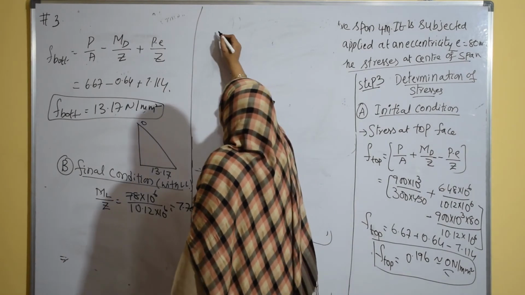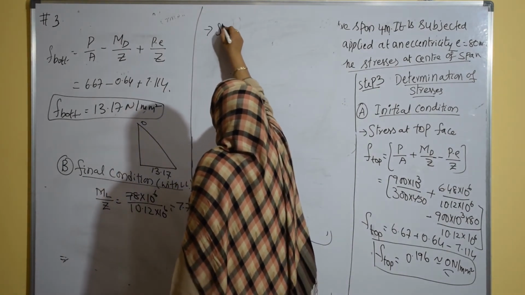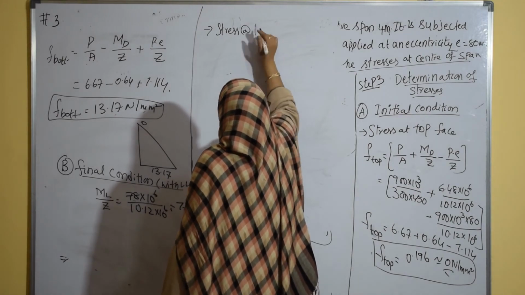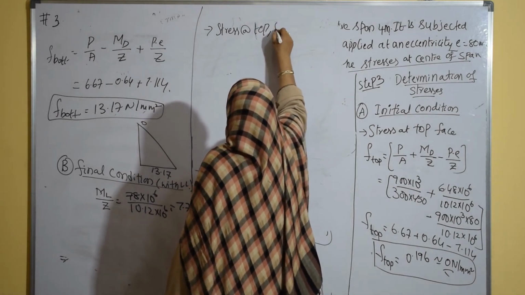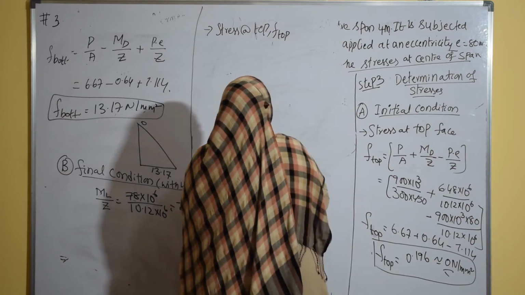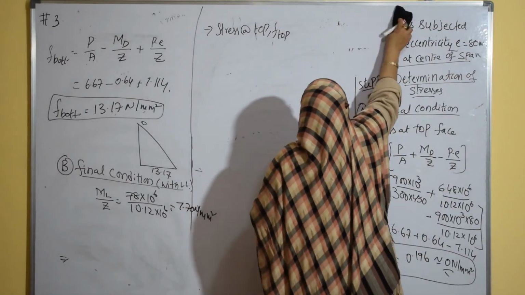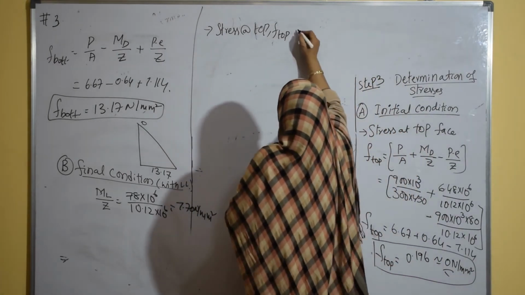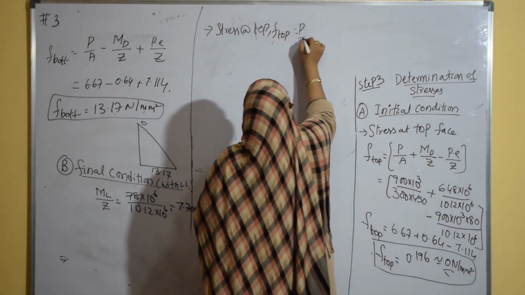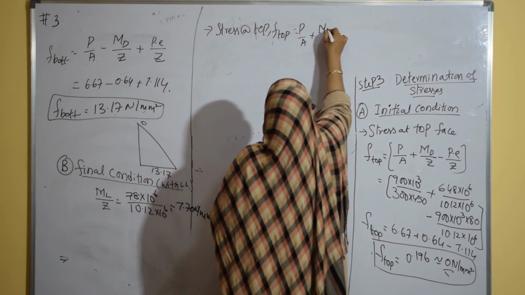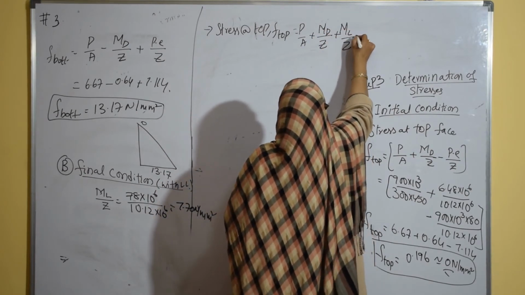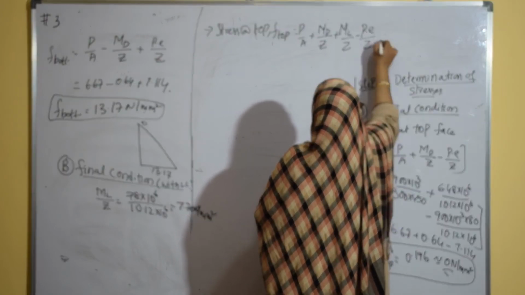Okay. So again, stress at top face. Stress at top of beam, F top is equal to P by A plus dead load stress plus live load stress minus eccentricity bending moment stress.